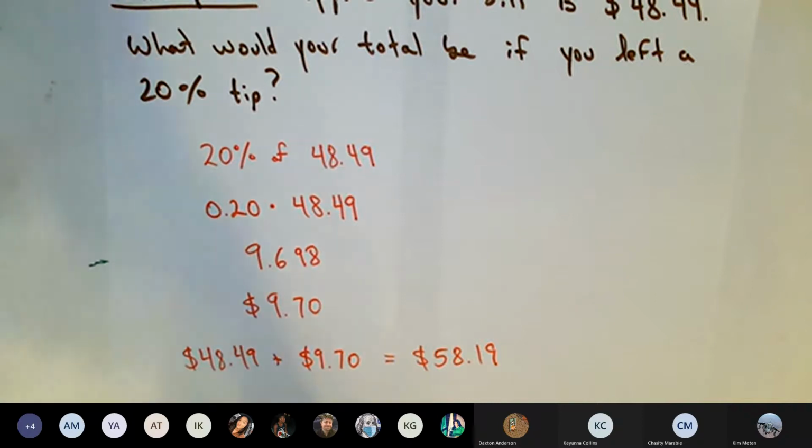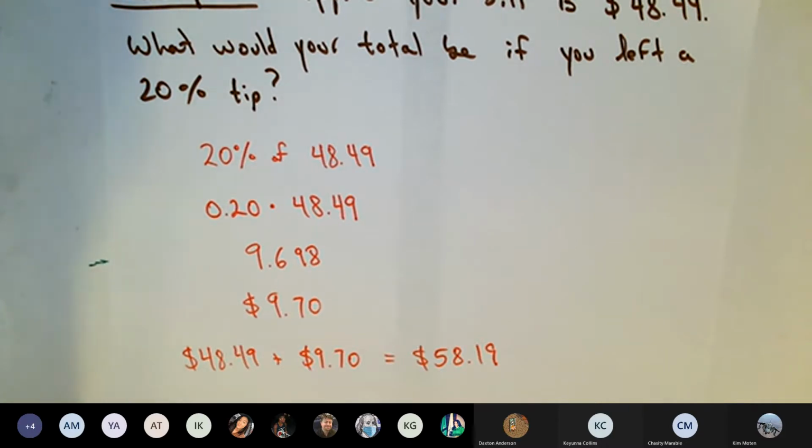So what are some things to point out here that aren't exactly real world? Well, you probably wouldn't leave a fractional tip, right? Like you're not going to get out your quarters and dimes at the Applebee's to put down your tip, right? So in this case, you would probably round up to $10.